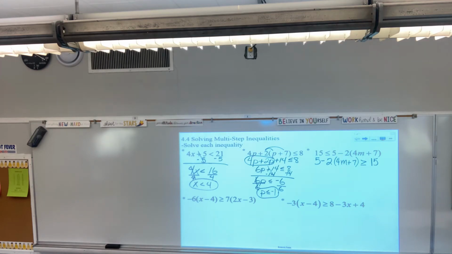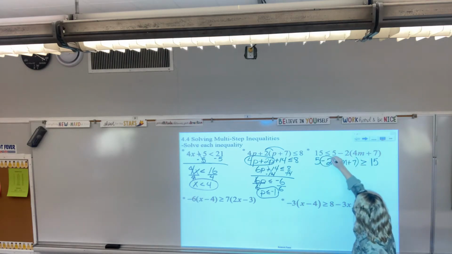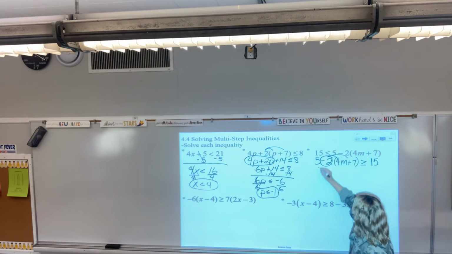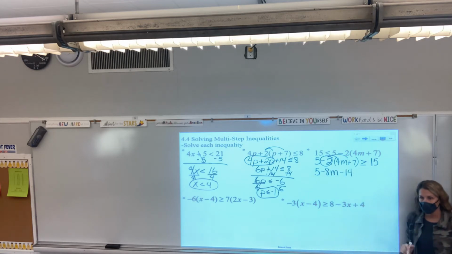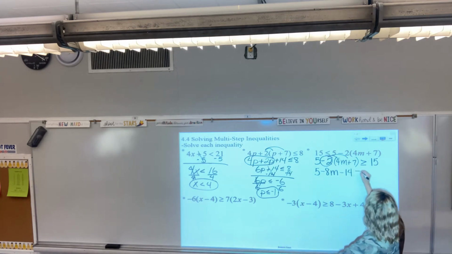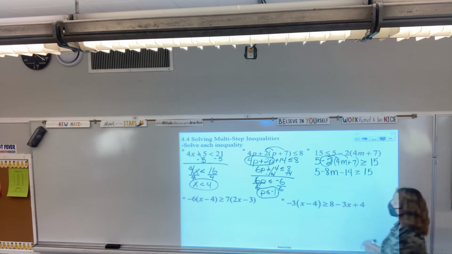Now, when I distribute, the difference in this one is I'm distributing a negative 2. Everybody's going to be multiplied by this negative 2. Bring down 5 minus 8m minus 14 greater than or equal to 15.